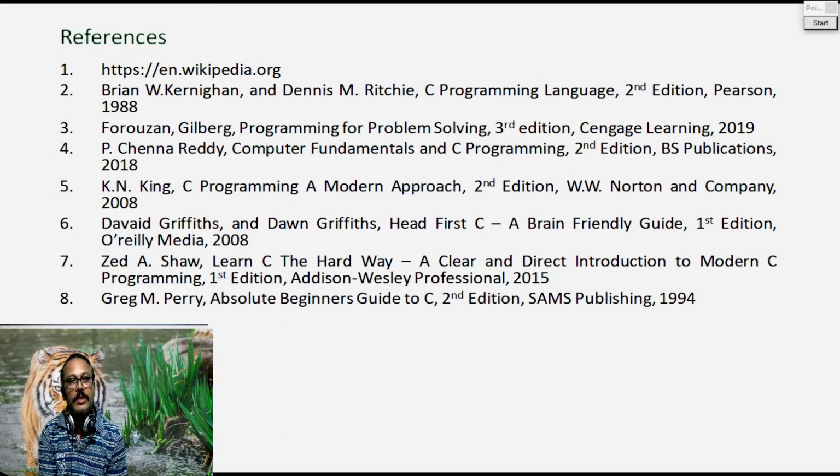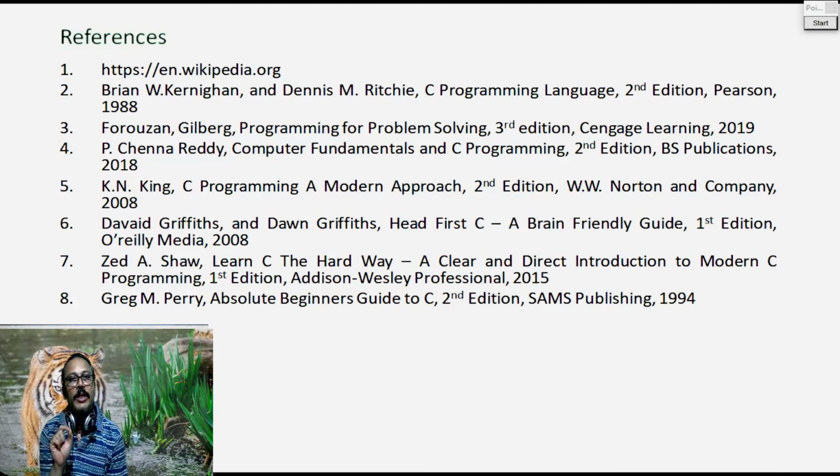These are some of the references. If you are comfortable and confident, then you can follow this book for C programming by Ritchie. Otherwise, you can follow other books. I don't recommend any specific book for C language.